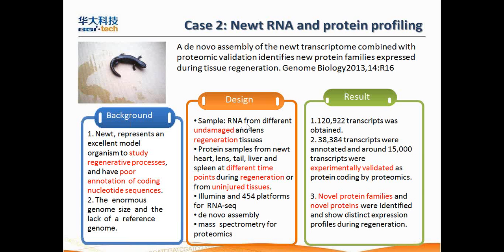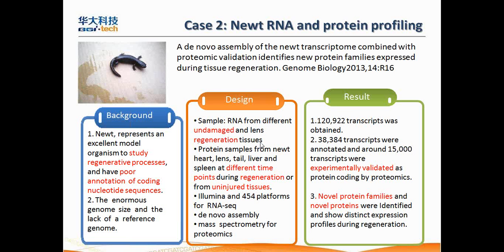The sample they used, since they are interested in the process of regeneration, is from undamaged tissue, and also from the limb regeneration tissue. And they tried to figure out what kind of genes are involved in this regeneration process.